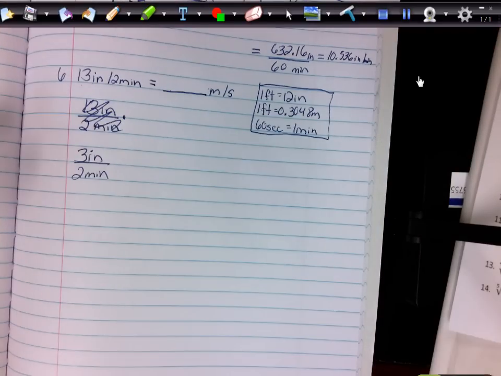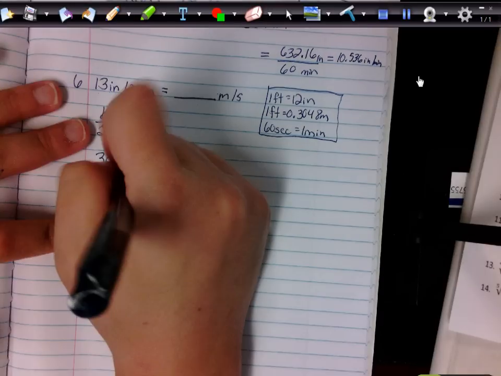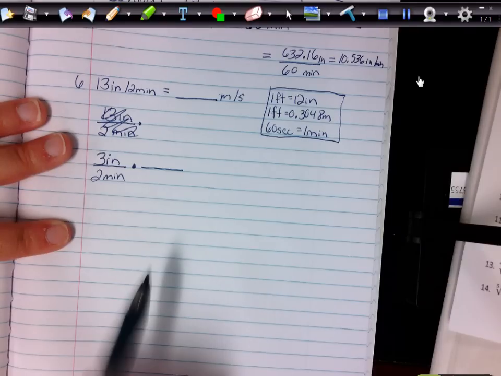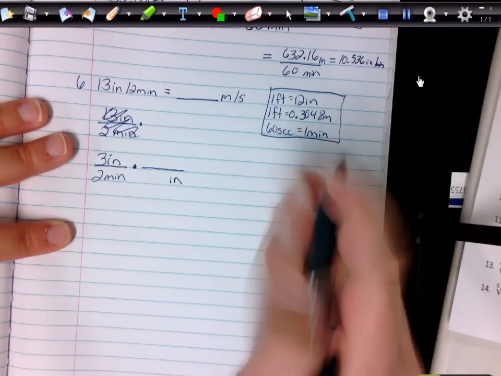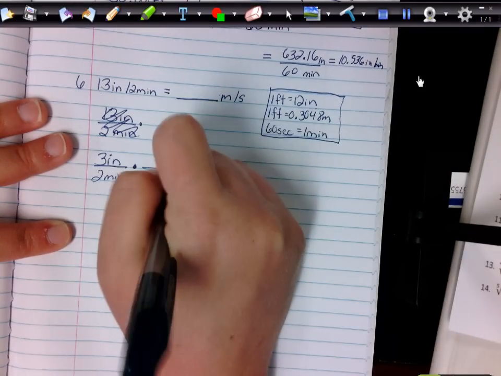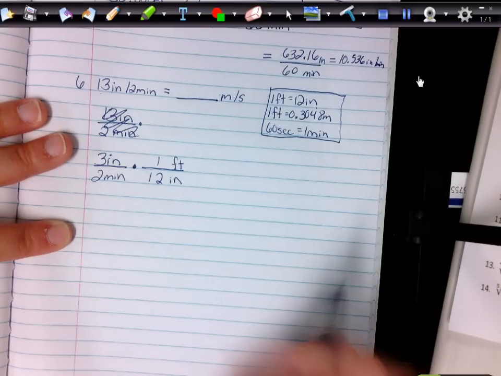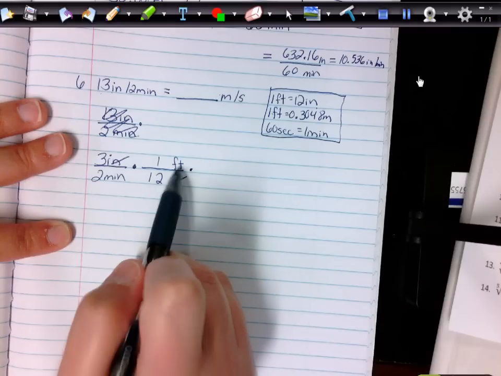Now, I always like to go from the inches to the meters first and then deal with the time at the end. You can actually do it in any order, but that's just the way I like to do it. I have inches on the top, so I know I'm going to need inches on the bottom. I'll use this one first because it goes inches to feet, so I have feet on the top: 1 foot, 12 inches. Now my inches cancel and I'm left with feet per minute.